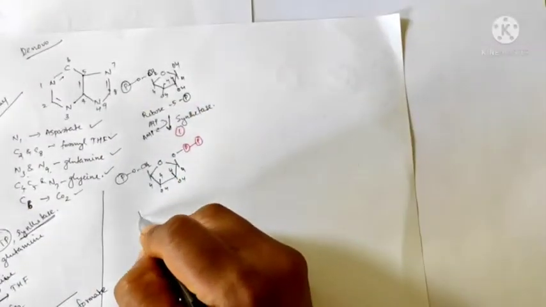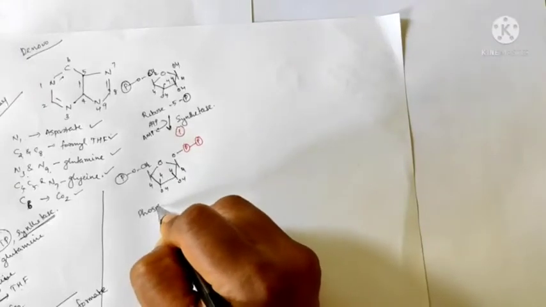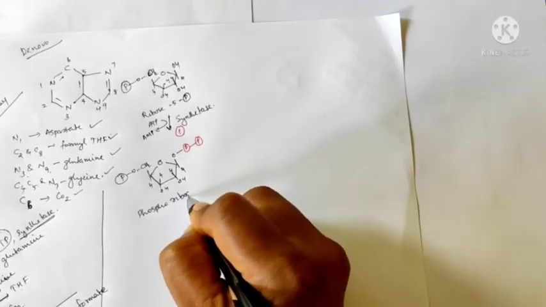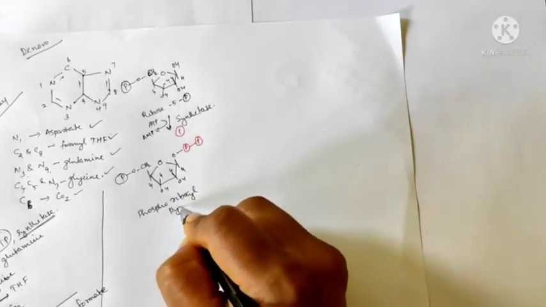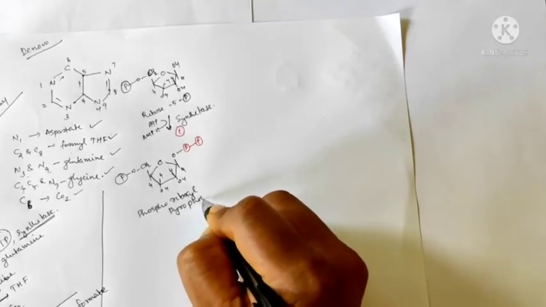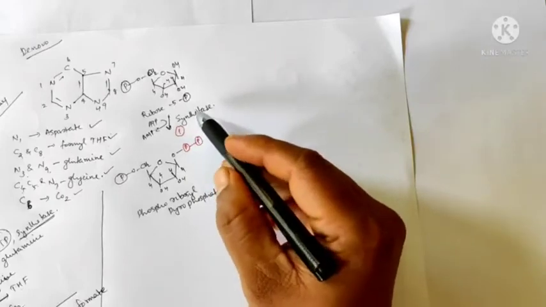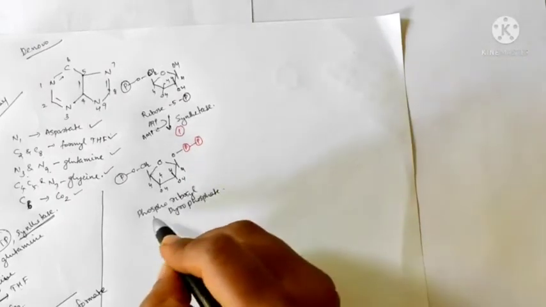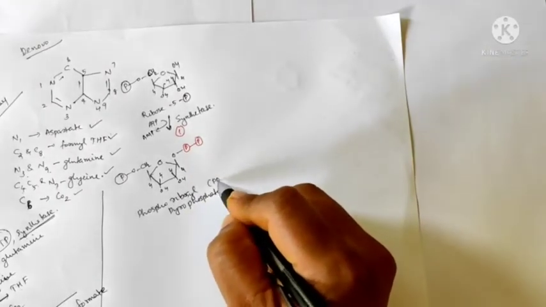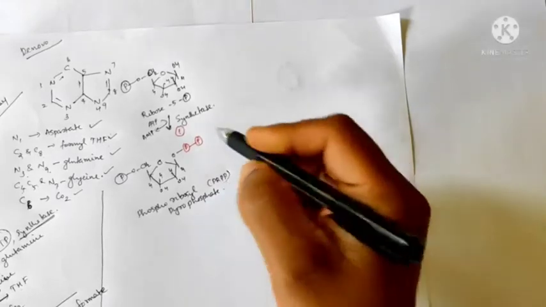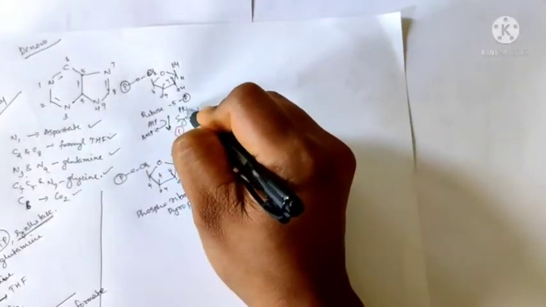This is phosphoribosyl pyrophosphate, or PRPP. We can call the enzyme PRPP synthetase.